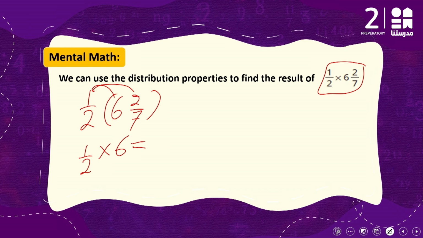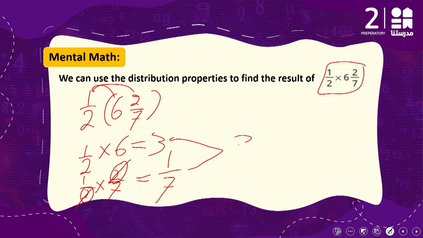So easy. Half of 6 is 3. Now we need to multiply half by 2 over 7. If you have a number down repeated up, they cancel each other, like 2 over 2. And now we have 1 over 7 as the answer. So 3 and 1 over 7.